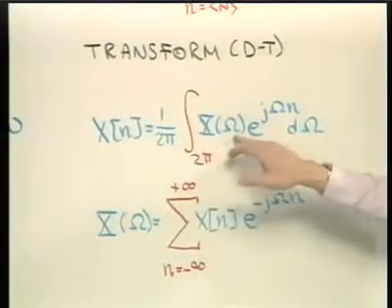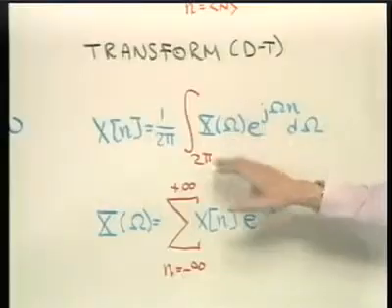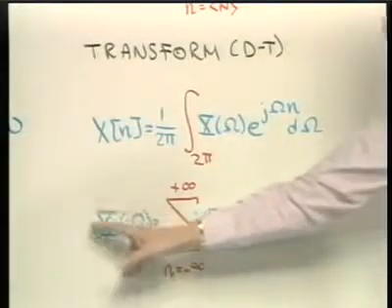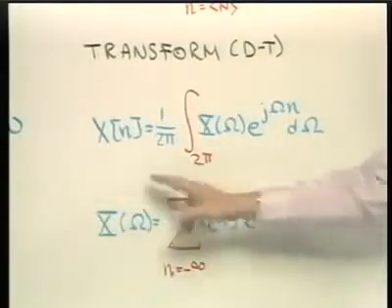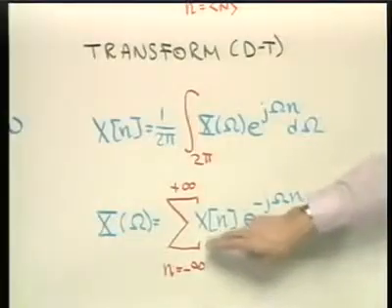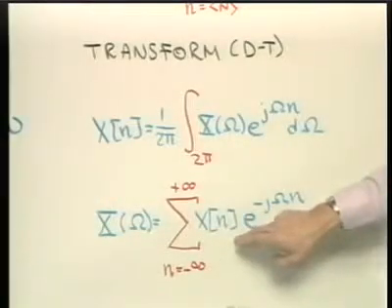And this term, X of omega, which is the Fourier transform, is given by this summation and, of course, involves all of the values of x of n.